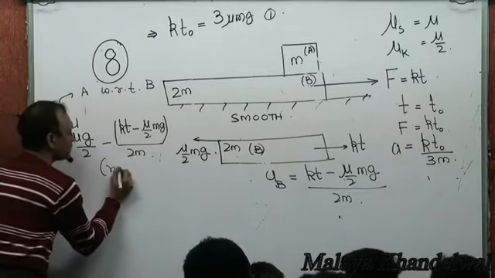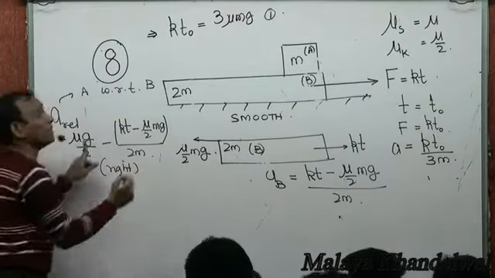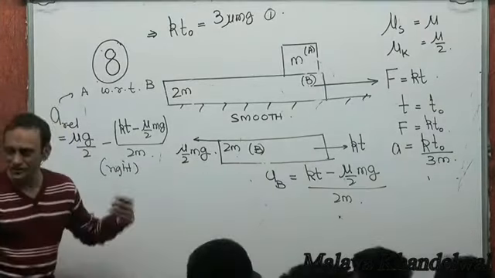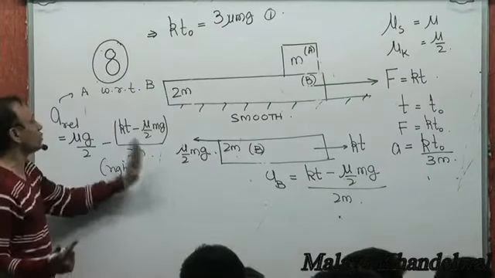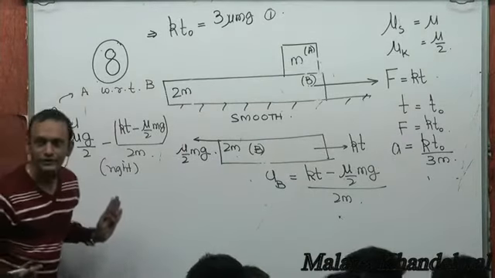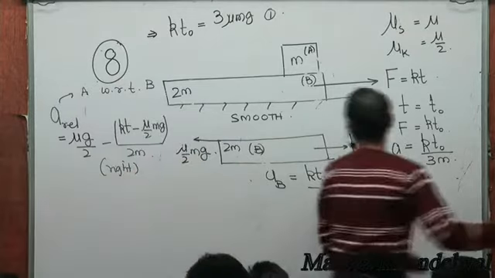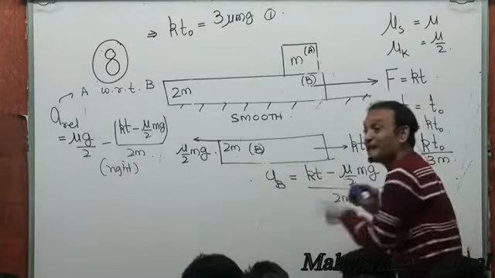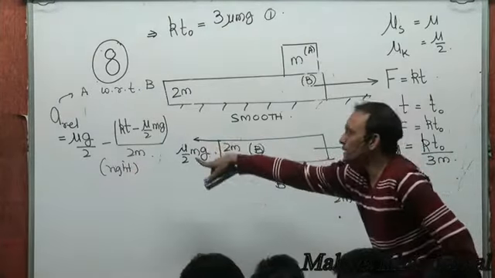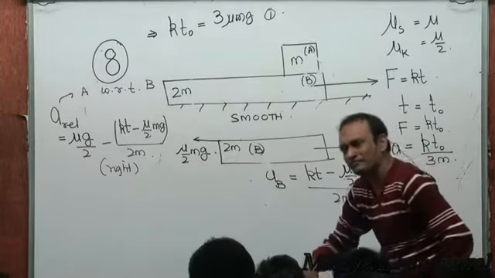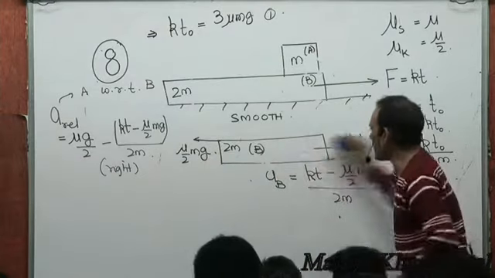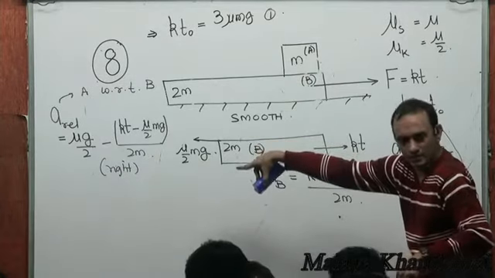So the relative acceleration of A as seen by B would be this much to the right, or negative of this to the left. Can I remove this part and work on this algebra?